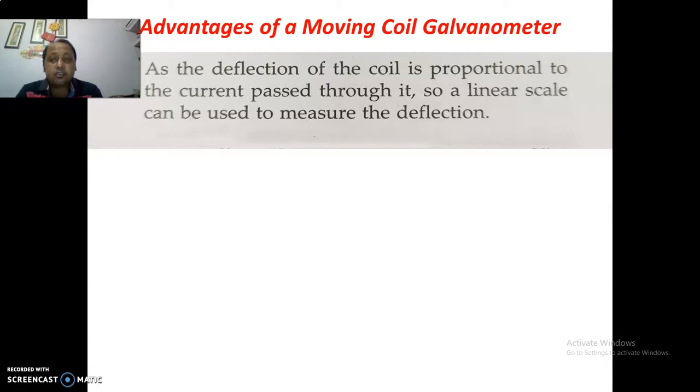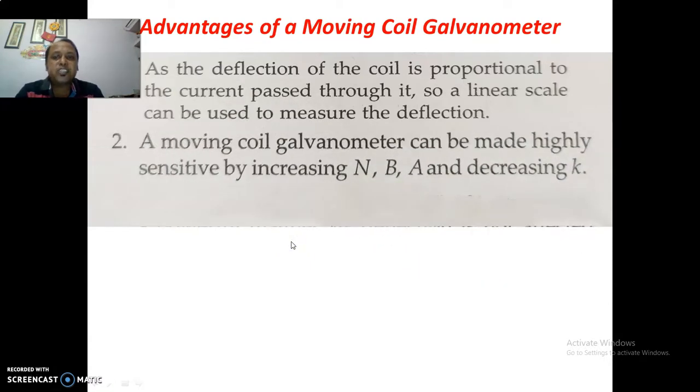The current which is passed through the rectangular coil is directly proportional to the deflection or the twist. So the deflection can be measured in a linear scale. More is the deflection, more will be the value of current. So it is an easy way of measuring the value of current on a linear scale.